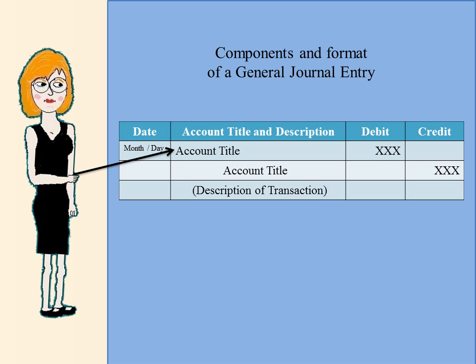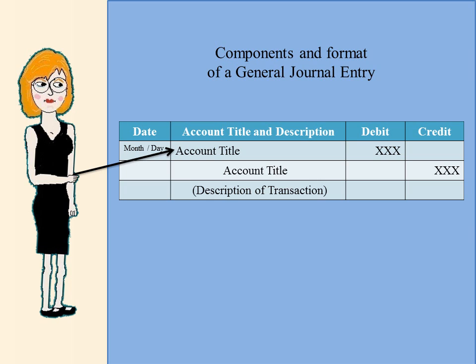All accounts are given titles or names, such as cash, accounts receivable, and liabilities such as accounts payable and salaries payable, and stockholders' equity such as common stock and retained earnings. These are all account titles.